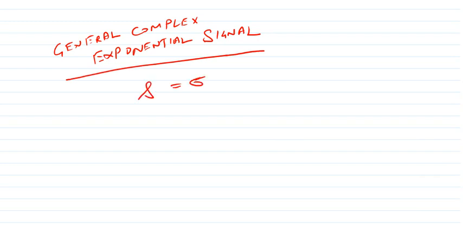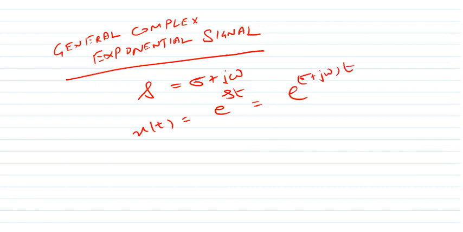Basically s equals sigma plus j omega. Now we can represent x of t equals e raised to the power st. That is the general representation. If we replace s, we will find this expression: e raised to the power sigma t, then e raised to the power j omega t.